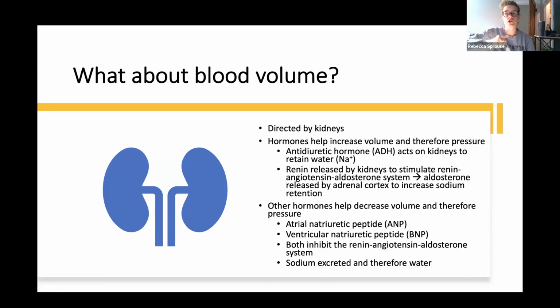And if we are excreting sodium, we're also going to excrete water out of the bloodstream and put it into the urine. That's going to lower our blood volume and therefore lower our blood pressure. Okay, so that's how blood volume is regulated by the body in an attempt to help control blood pressure.